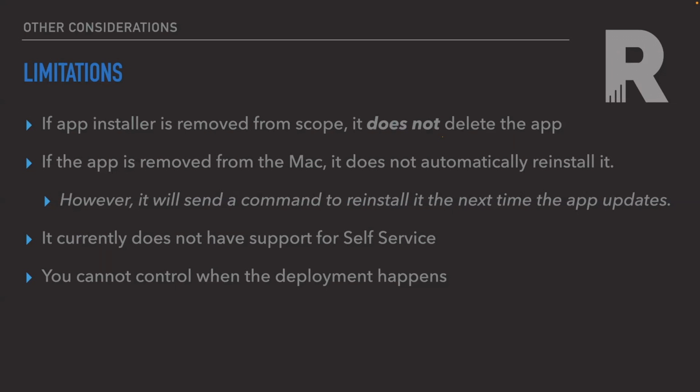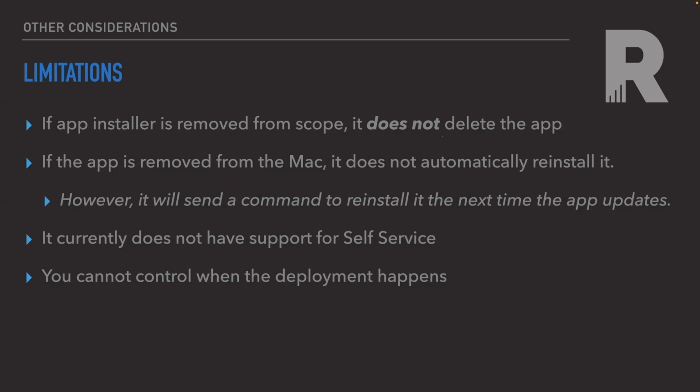But if the computer remains in scope of the application payload configured within the Jamf app catalog, but the app is removed, it doesn't automatically reinstall it. However, the next time the application is updated by Jamf within the Jamf app catalog, it will deploy the app back to the machine and reinstall it.